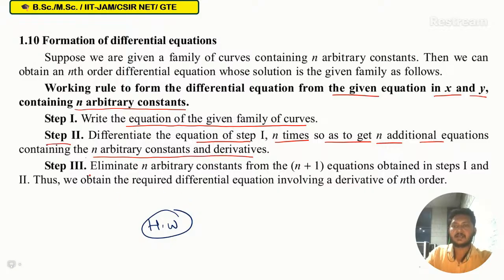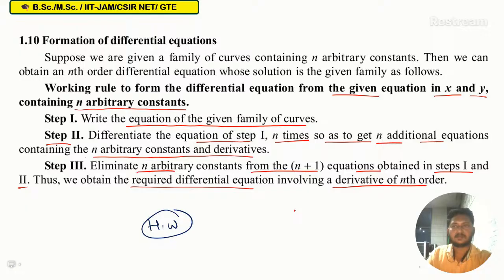And in the third step, eliminate the arbitrary constants from the n plus 1 equations obtained in the first and second steps. So this gives the required differential equation involving a derivative of nth order. Okay. So now my first aim is to explain how to deal with these steps.